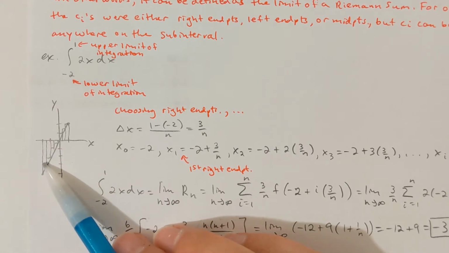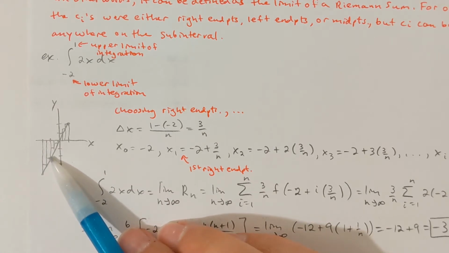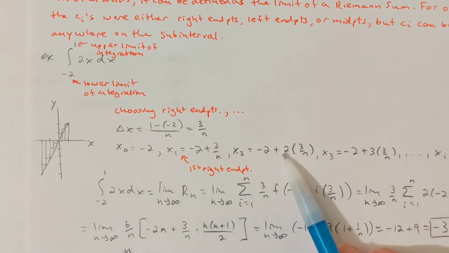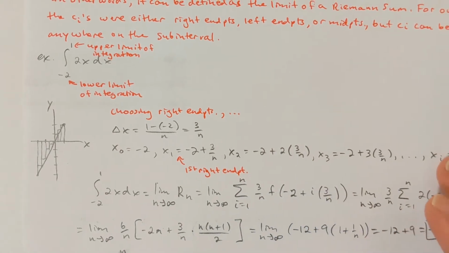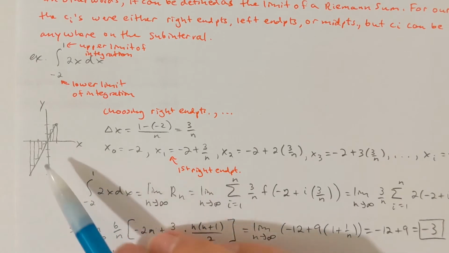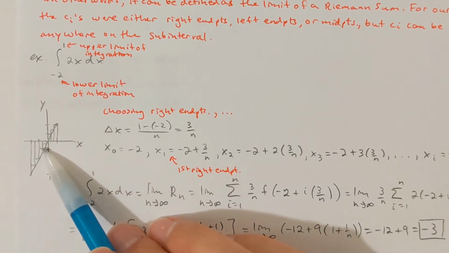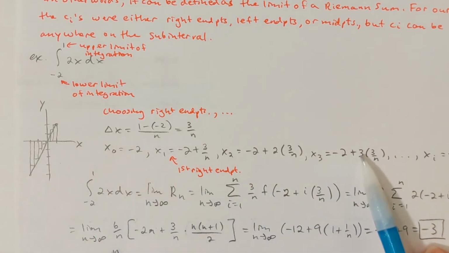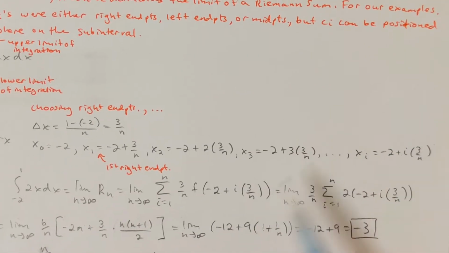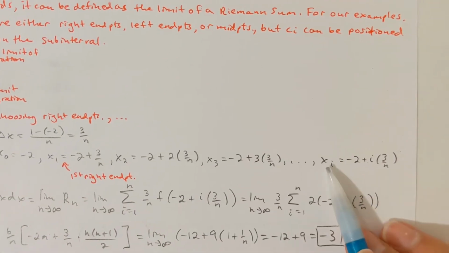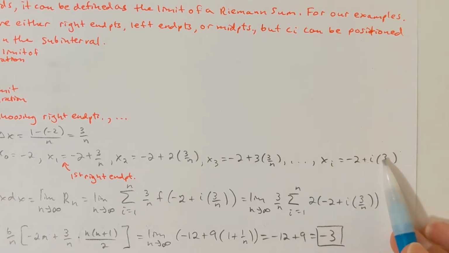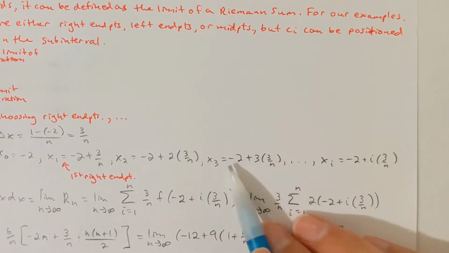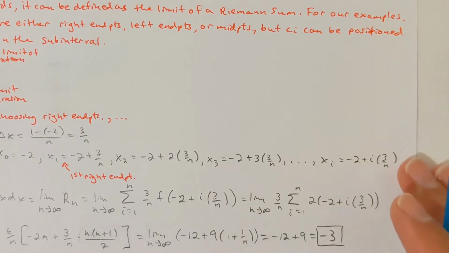That's going to be at 2 increments of the width away from -2, so -2 plus 2 times 3 over n. X sub 3 would be the third right endpoint. That's going to be at 3 increments of the width away from -2, etc. So x sub i, the ith right endpoint, is going to be at i increments of the width away from -2, from this pattern that we see here.